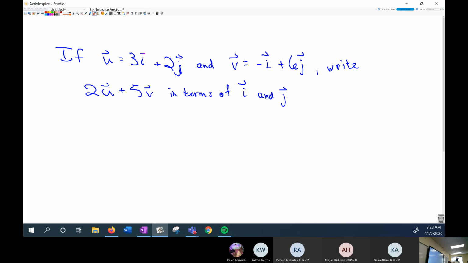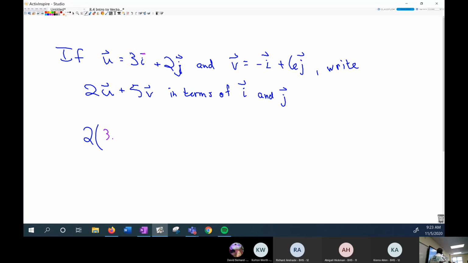So here, if it says u is 3i plus 2j and v is negative i plus 6j, write 2u plus 5v in terms of i and j. In other words, write it as a linear combination, okay? Again, this is where having i and j are helpful, because this says take 2 of this vector u.